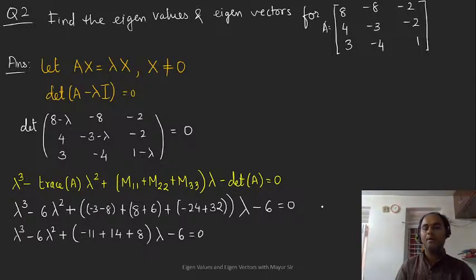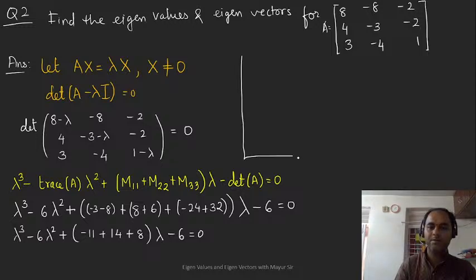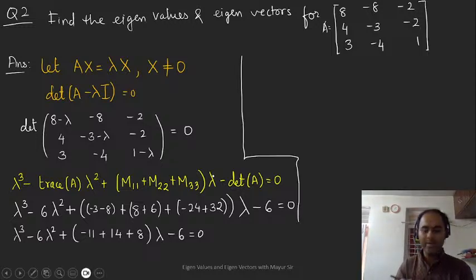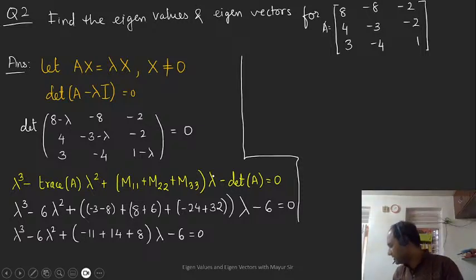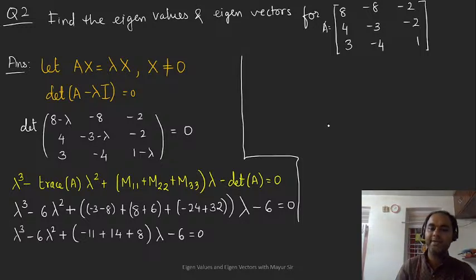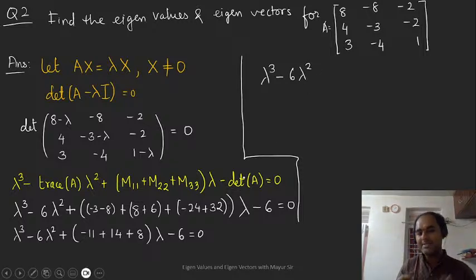Now let us calculate it further. When we calculate, how much do you get further? Lambda cube minus 6 lambda square. Now see, this calculation can be done quickly in your calculator.